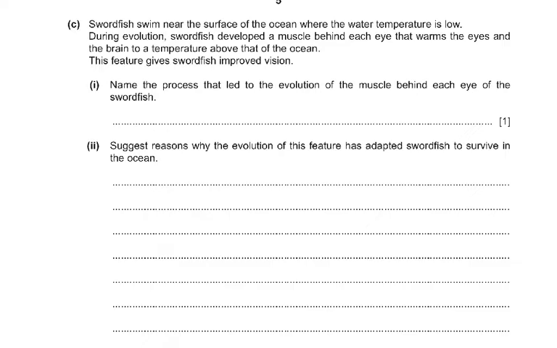Name the process that led to the evolution of the muscle behind each eye of the swordfish. Natural selection. You see, those that had the muscle were at an advantage. So their offspring were more, and so that trait continued, and then the majority of them had that beneficial trait, or that beneficial muscle behind the eye.